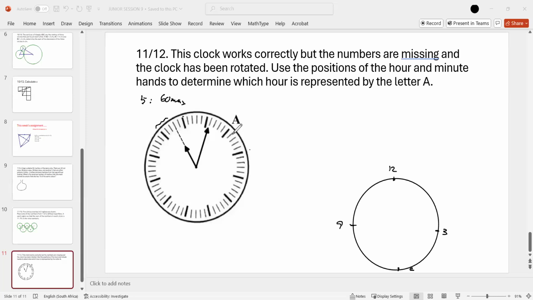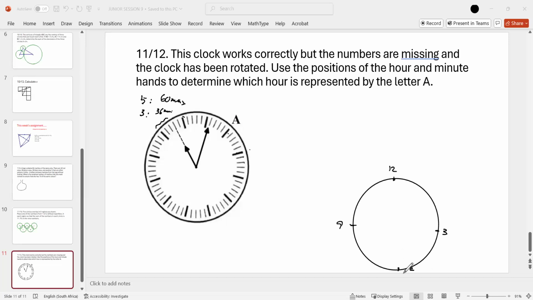Because when the hour hand goes from 2 o'clock to 3 o'clock, you've gone through 60 minutes. So 5 of these small guys represent 60 minutes. So one of the small guys represents 12 minutes. So 3 of them would represent 36 minutes. So this hour hand has moved 36 minutes.